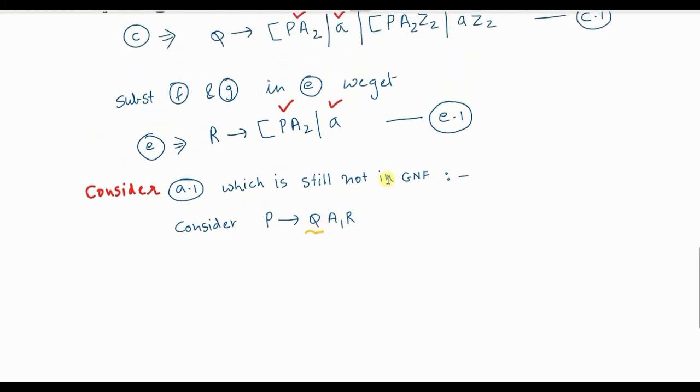So consider this production which is not in GNF. Then what you do? Replacing Q with the right hand side of Q production.